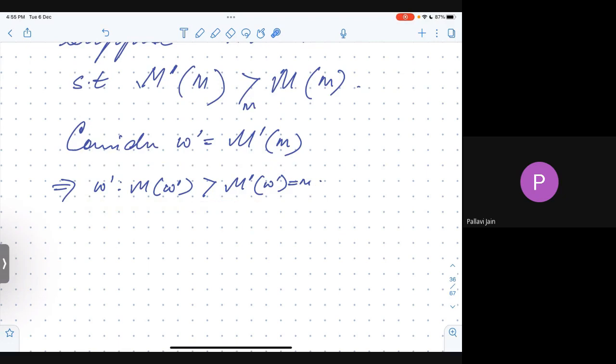Where is the contradiction? Just a minute. M likes W prime more than his current partner in M, but W prime does the opposite: W prime likes her partner in M more than in M prime.